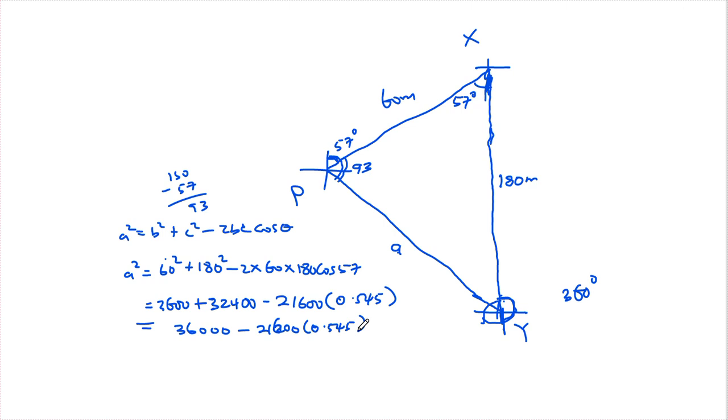Okay, so I will just calculate all of this directly. 36,000 minus 21,600 times 0.545.